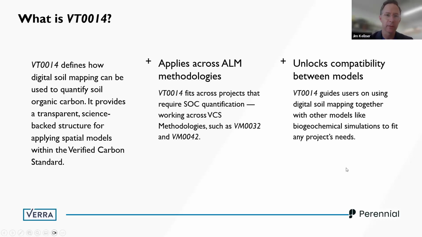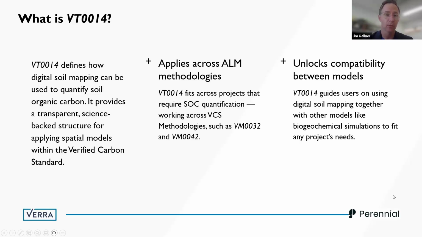As a tool, VT14 works across ALM methodologies. It's agnostic to the methodologies. And we say that it unlocks compatibility between models because it can be used, for example, as a primary measurement source under quantification approach 2. It can also be used as an input into quantification approach 1 under, say, VM42.